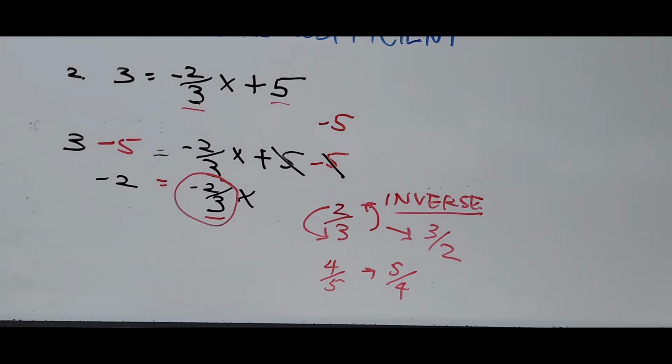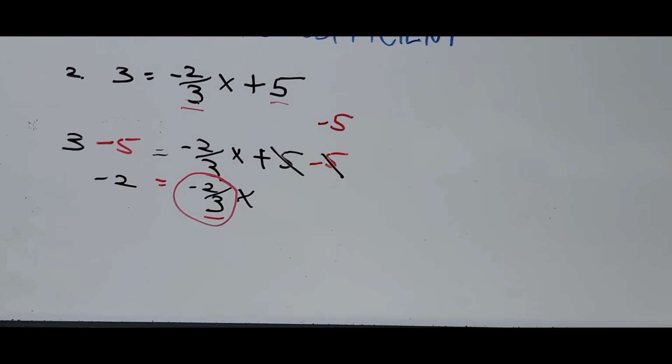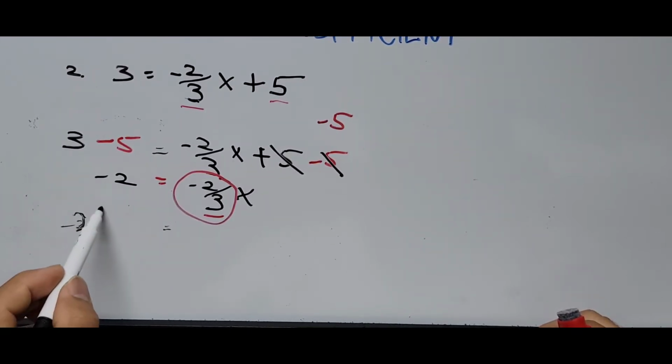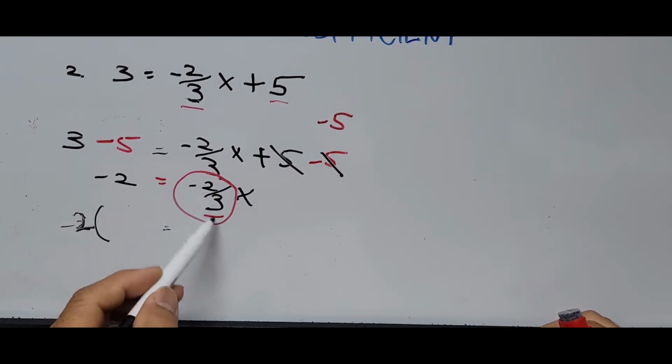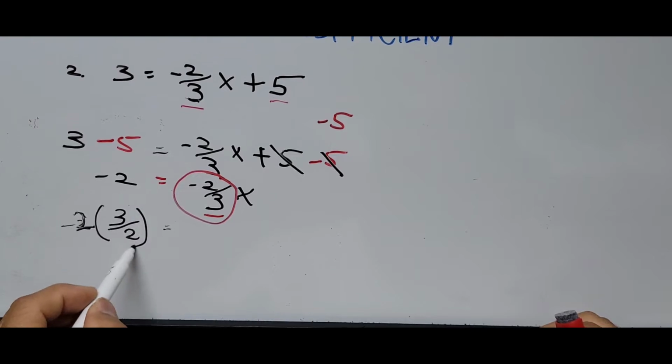Now let's go back to our solution. Bring down negative 2 times the inverse of 2/3, which is 3/2.